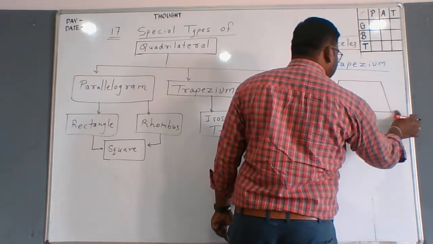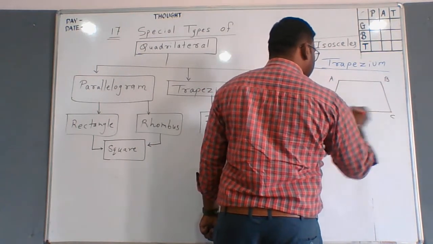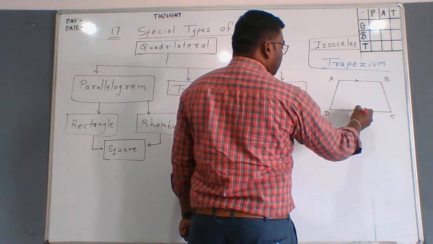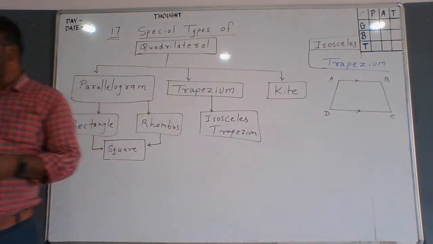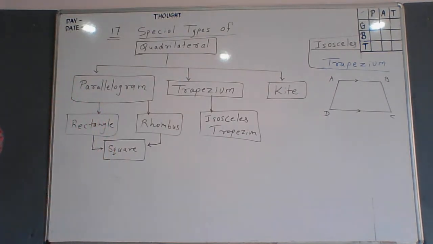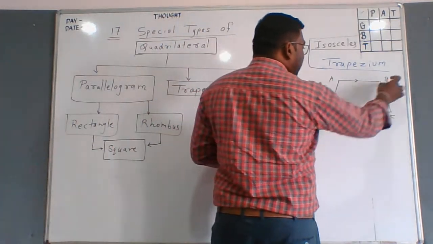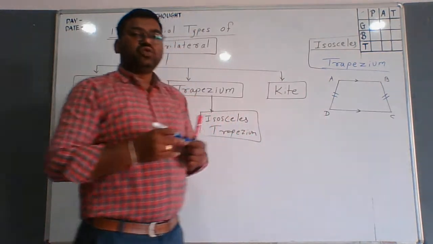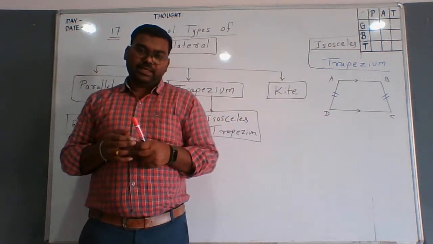See, this is the isosceles trapezium. ABCD is a trapezium because these two are parallel to each other. AB and CD are parallel to each other. And another pair, AD and BC, are equal in length. Means two sides are equal in the trapezium.